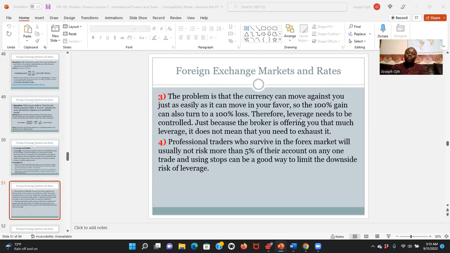The professional traders who survived in the forex market will usually not risk more than 5% of their accounts on any one trade. Don't use more than 5% of your account in any one trade. So if you have only $2,000 and use only 5%, that would be very little.